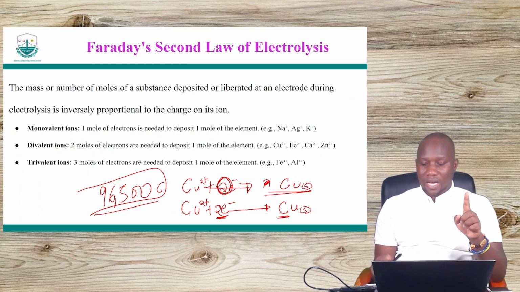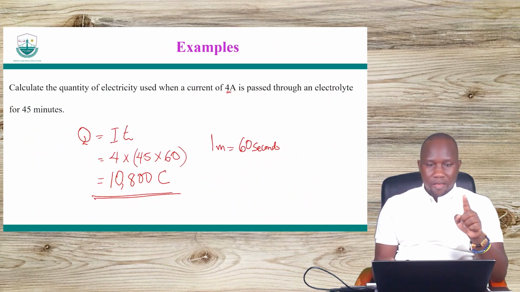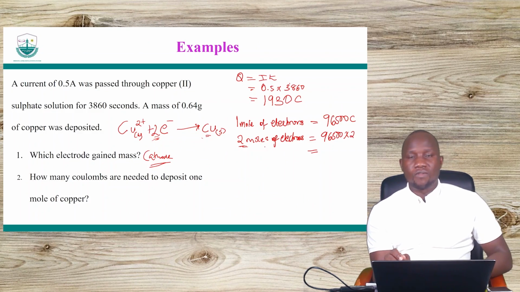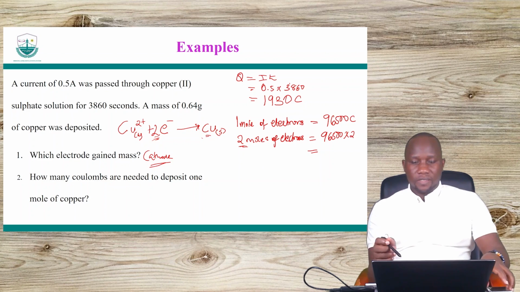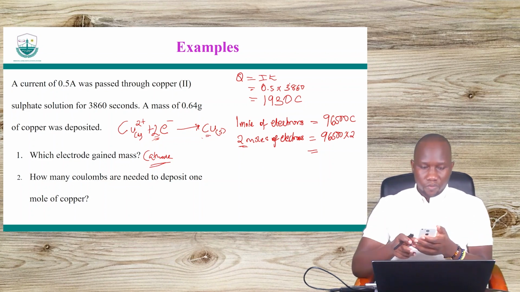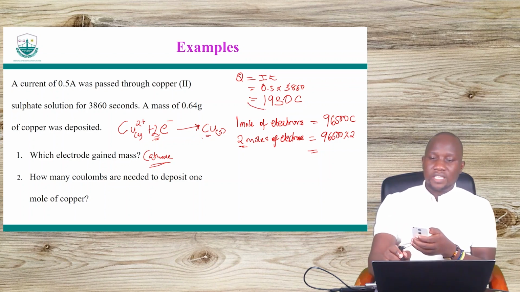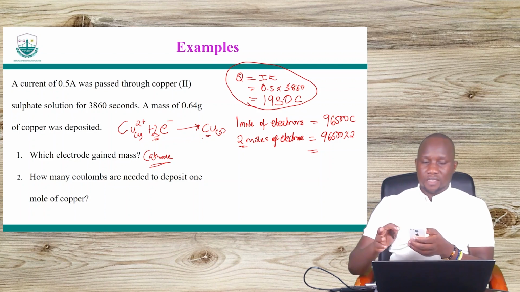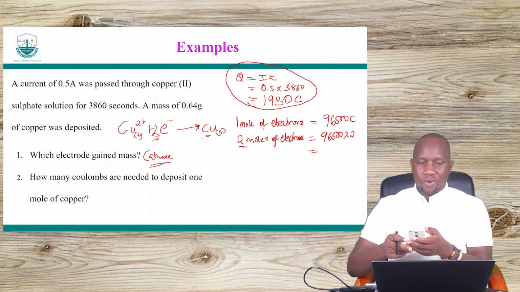That's why we are looking at this part here. 2 moles of electrons will give us 1 mole of copper. That question is quite straightforward. We actually didn't need to have that.